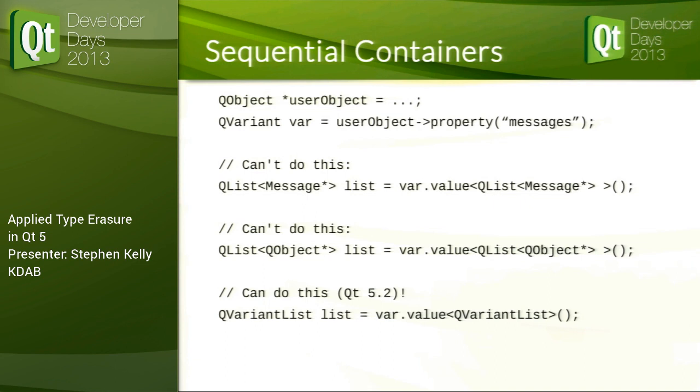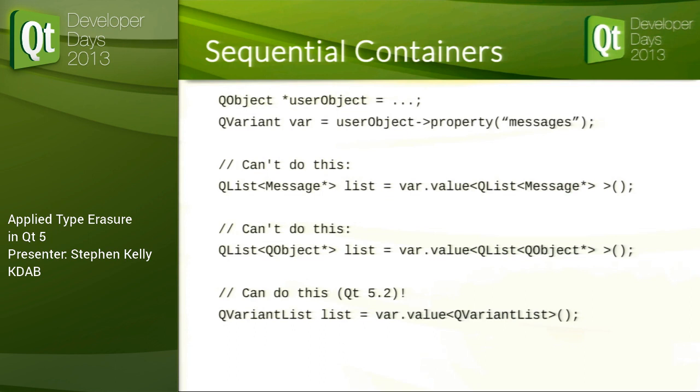I call the property method on it, specifying the messages name. So the property with that name will be read, and I get a QVariant back. Once I have that, with Qt 5, still I can't get it out as a QList of Message star, because my text templating library doesn't know about message. So that's not an option.